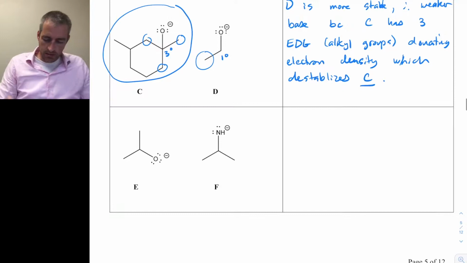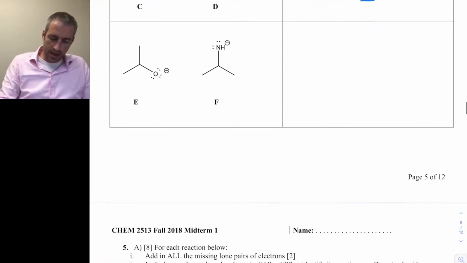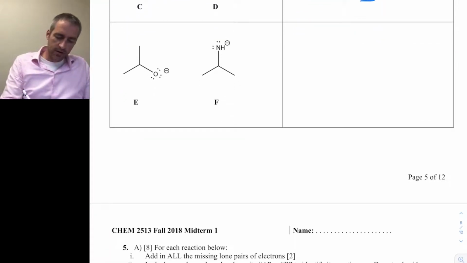All right, E versus F. We have either an oxygen-centered or a nitrogen-centered anion. And what you can tell if you look at the top row of the periodic table, well, I guess the second row, you have boron, carbon, nitrogen, oxygen, fluorine. Electronegativity increases this way.